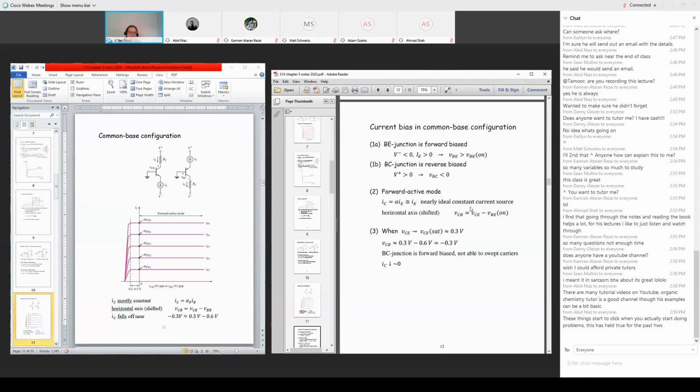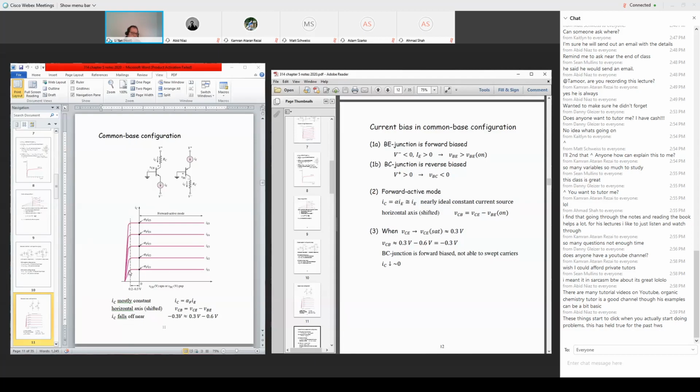So it's a nearly constant current source, because this emitter current is tied with the current source. If the emitter current is constant, then the collector current is constant. So that's why the collector current IC is constant, flat.